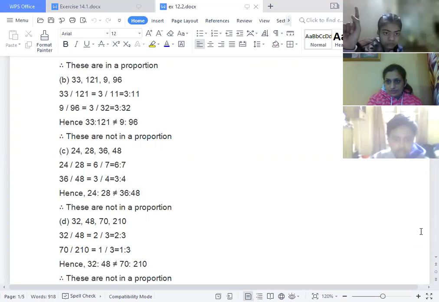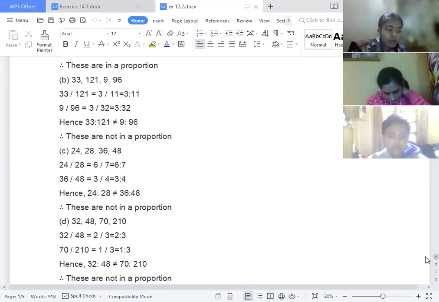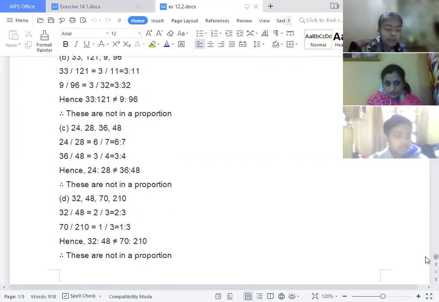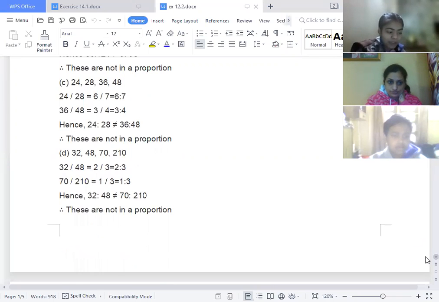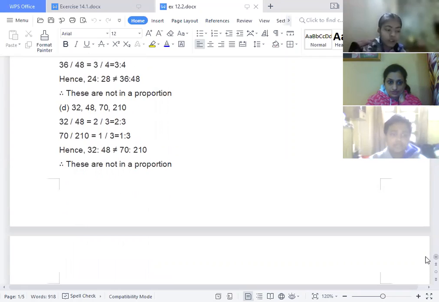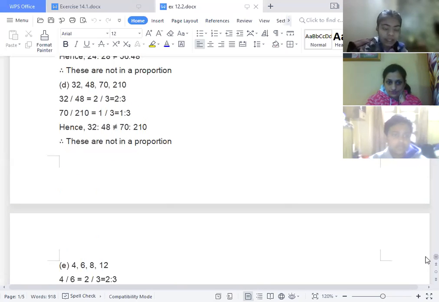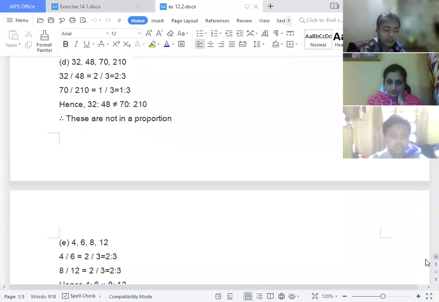Yes, Ridhima, unmuted. Yes, ma'am. Ma'am, D part. E part. 4 by 6 is cut from the 2 table. 2 2s are 4, 2 3s are 6. And 8 by 12 is cut by 2. 2 4s are 8, 2 6s are 12.